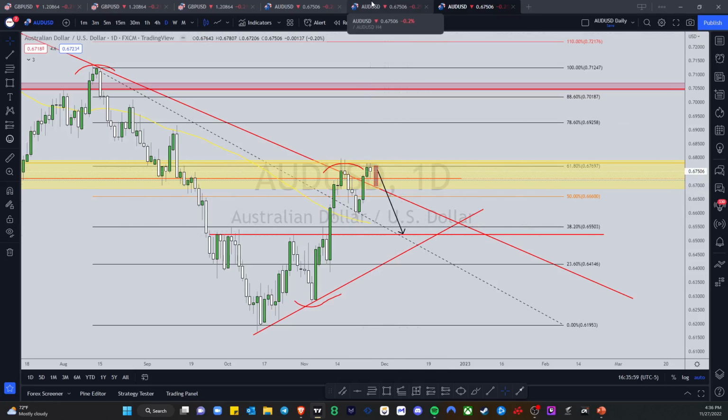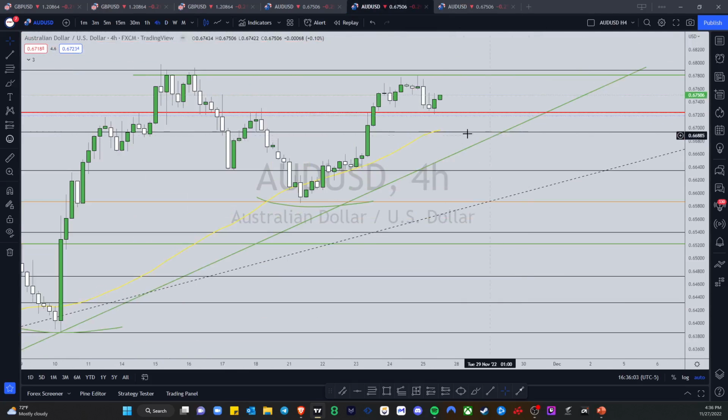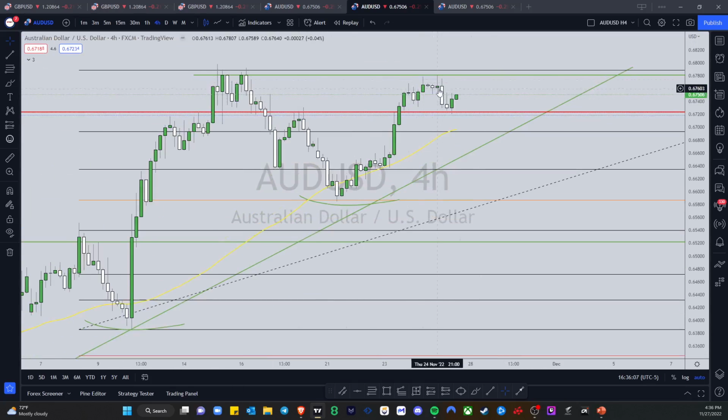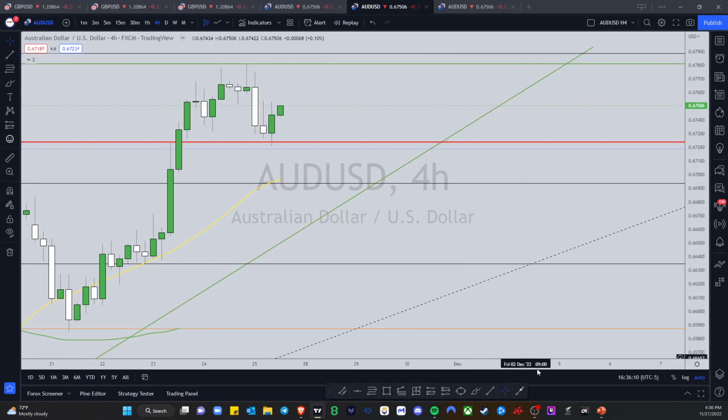So now we're gonna go to the H4, right? On H4, we could see that it's also at a level of resistance and creating a bunch of exhaustion levels right here.